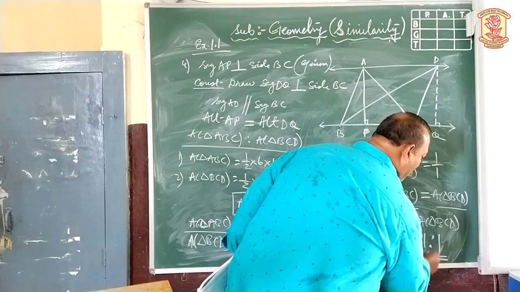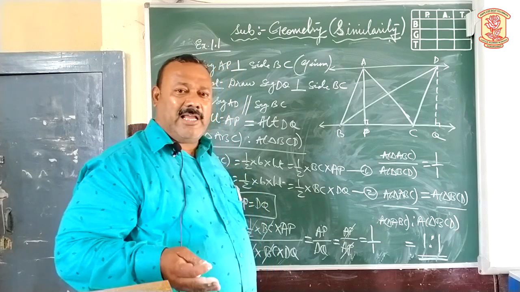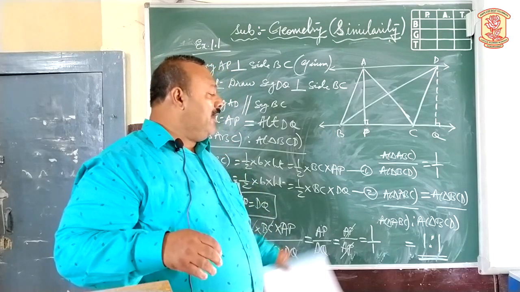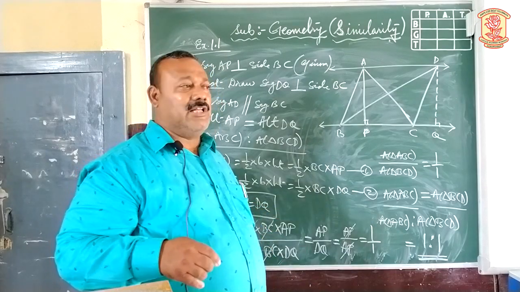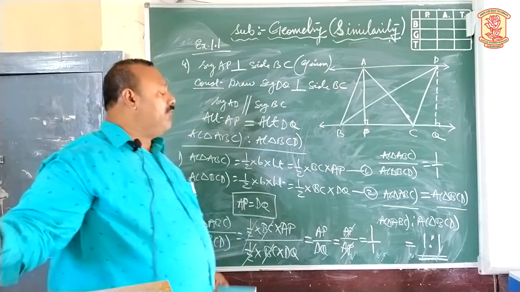What will be the ratio? It comes to be 1:1. When you compare the areas of two triangles, the areas are equal, and in the form of the ratio it comes 1:1. This completes question number 4.